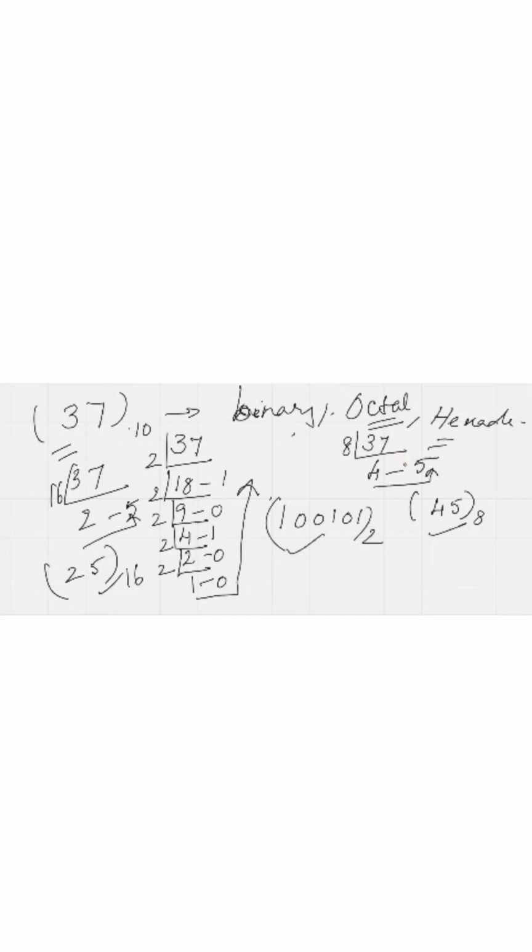If it is a whole number, we divide it by the corresponding base value. And if it comes with a number after the point, we have to multiply that by the base value. So let us consider the value 37.35.